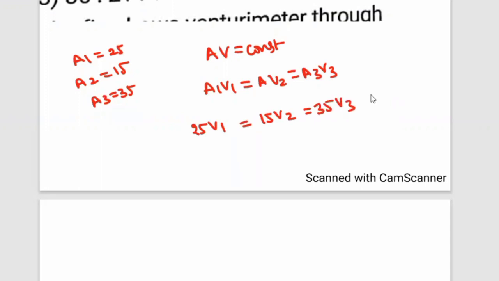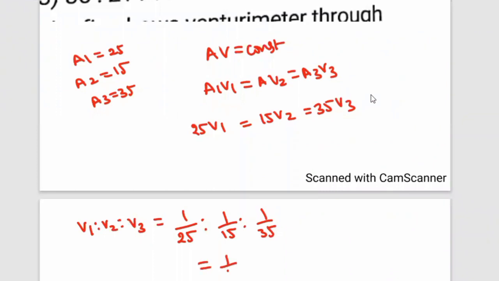So they're asking the velocity ratios. We take velocities V1 is to V2 is to V3 is equal to 1 by 25 is to 1 by 15 is to 1 divided by 35. If you write, you are going to get, after cancelling, 1:5, 1:3, and 1:7.